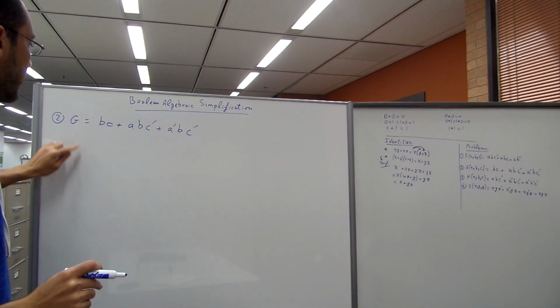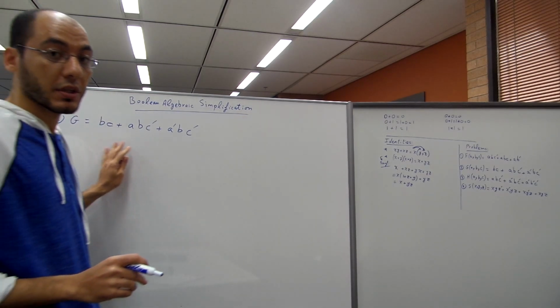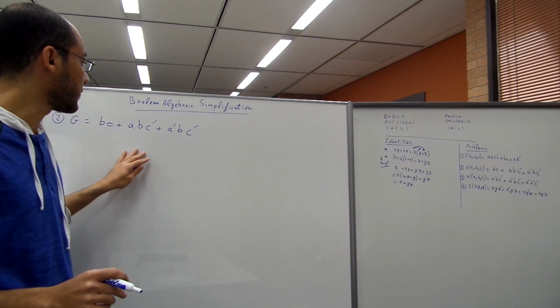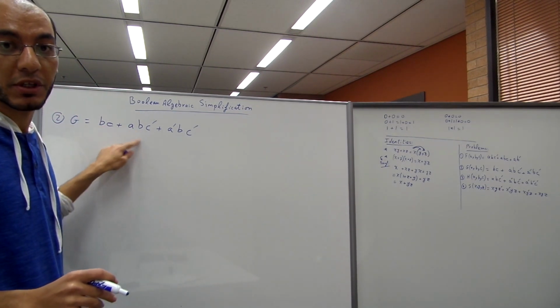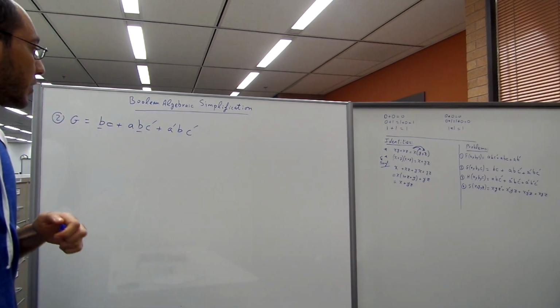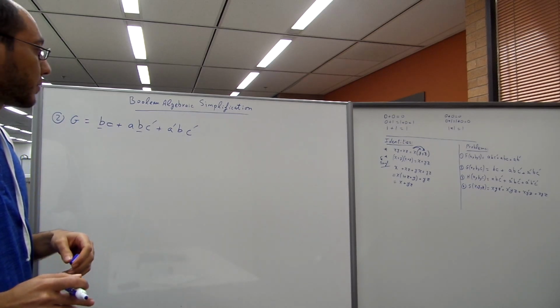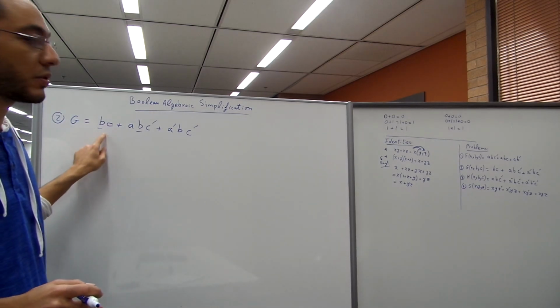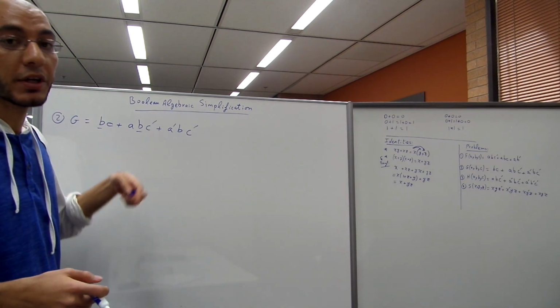If you go and try to work on this problem, the first thing that you might find useful is factoring out the b from these two terms. However, do not assume that the first two terms are always the ones you should start with. Perhaps you might find a simpler way.